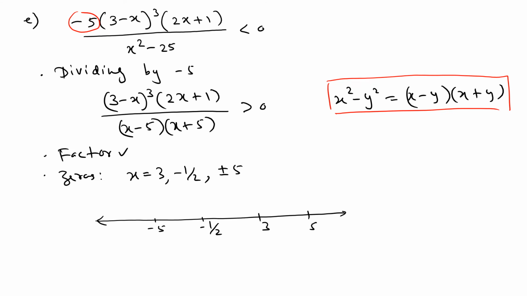We go with the test point, and you can see that each factor has odd multiplicity. That means, in the shortcut, we only need to find the sign of one region, and then for the others we switch the sign.